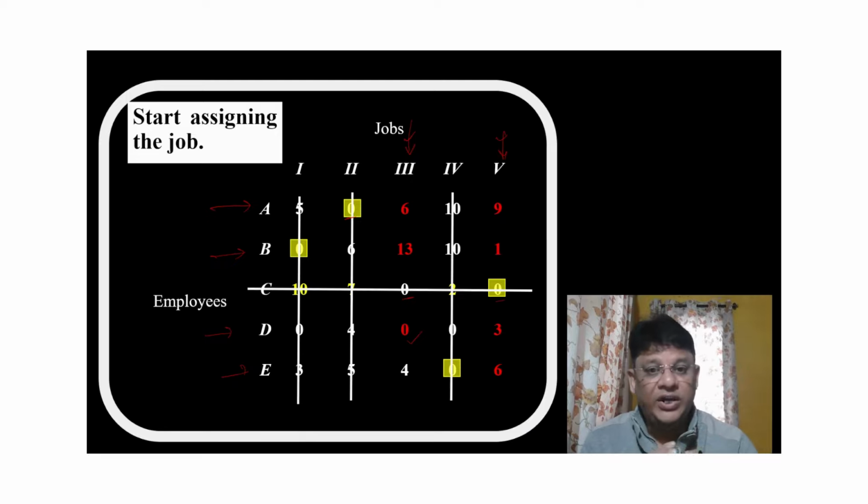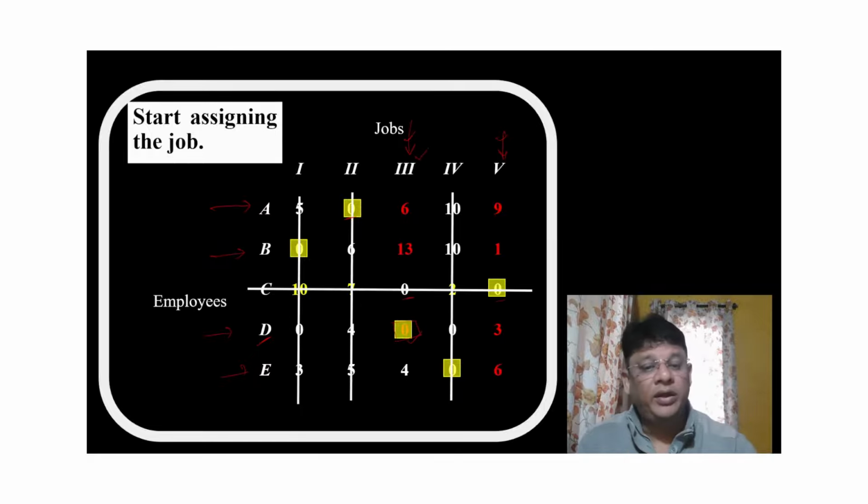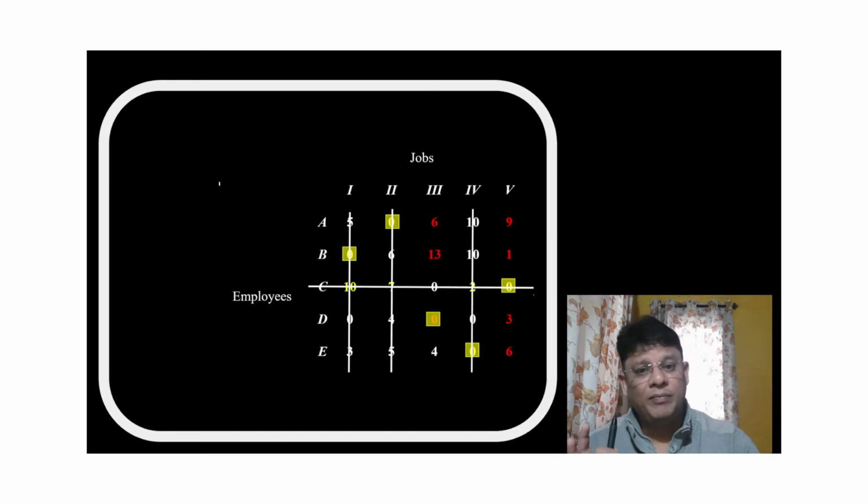Now logically check, can we assign this? Yes. So employee D is free and job 3 is still pending, and I can assign this, right? So I will assign this logically. Now you have assigned everything. No 0 is left. So your assignment job is over. Now let's check the optimality.